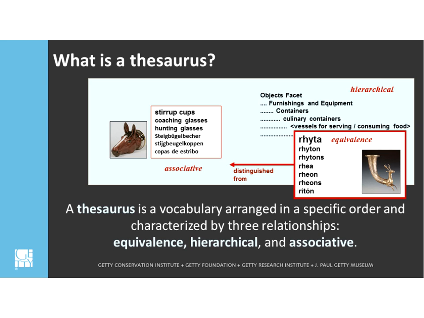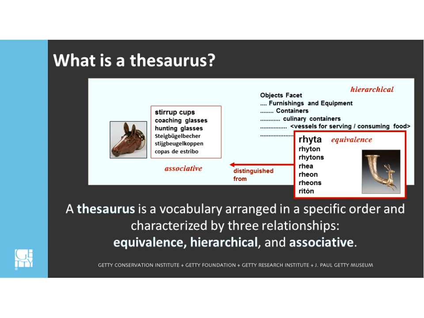And then the third type of relationship in a thesaurus is the associative relationship, which may be something that is somehow related to something, but it's not the same thing, and it doesn't live in the same part of the hierarchy. Or in this example that I'm showing you, it's something that's similar but distinguished from. So another type of object in cultural collections is a thing called a stirrup cup.